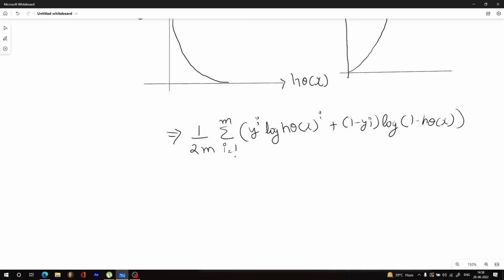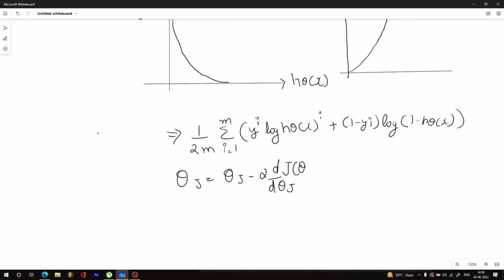And what will the convergence theorem be? That is again the same thing. Theta j is equal to theta j minus alpha times the derivative of J, where alpha is our learning rate that I forgot to multiply. And what is J here?